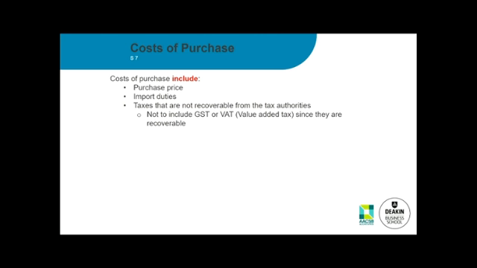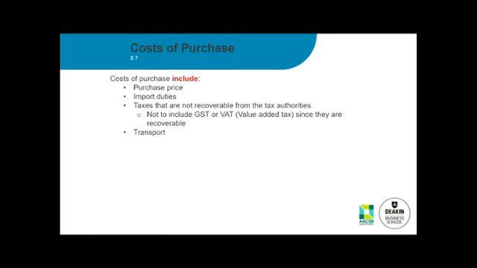You remember from last week's lecture, whenever you buy inventory, let's say you buy inventory for $1,100, including GST, the value of inventory that you actually get in is only $1,000. The $100, the difference, is going to be a GST clearing, which is going to be your asset. So that's not part of it, so you have to take it out.